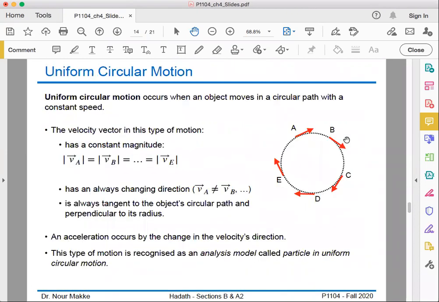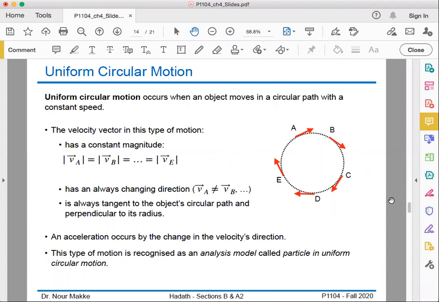We continue with the uniform circular motion. Uniform circular motion is a very interesting and famous application of two-dimensional motion. It occurs when an object moves in a circular path with a constant speed.